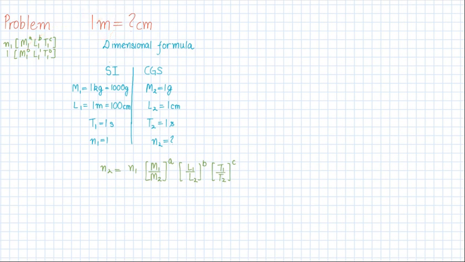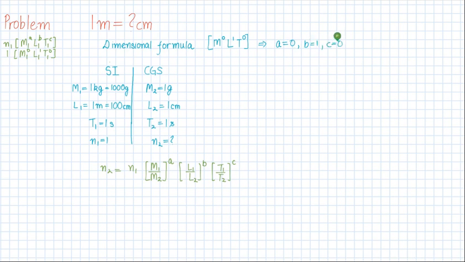The dimensional formula for 1 meter will be M to the power 0, since there is no mass, L to the power 1, since there is a unit of length, and T to the power 0, since there is no unit of time. So from here you will get a equals 0, b equals 1, and c equals 0.